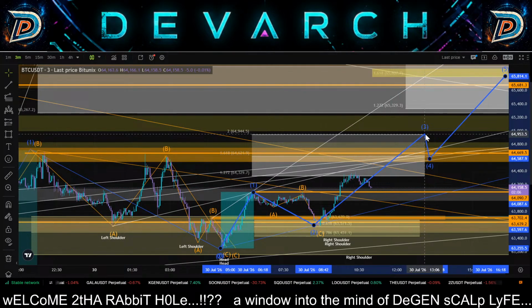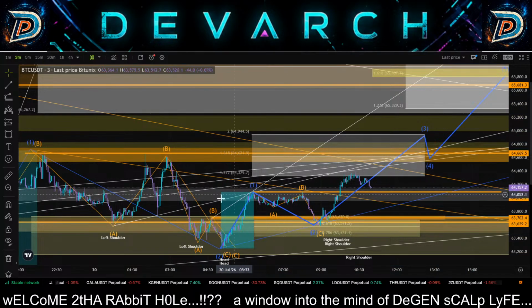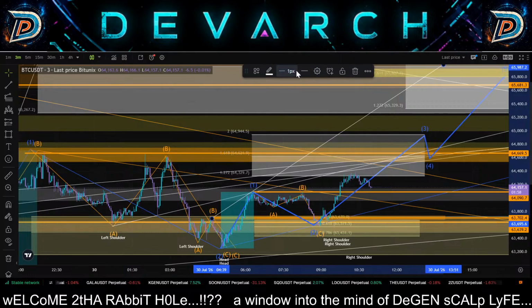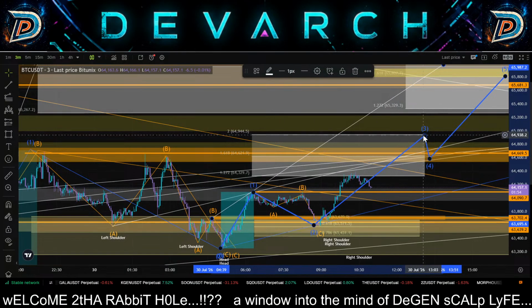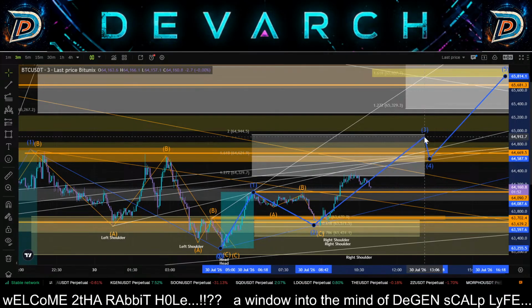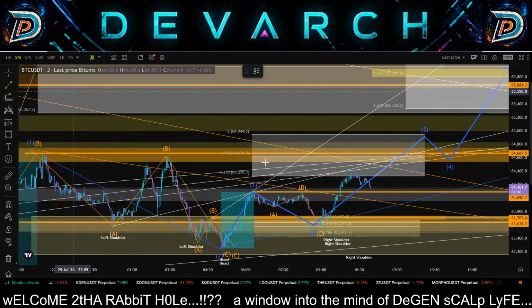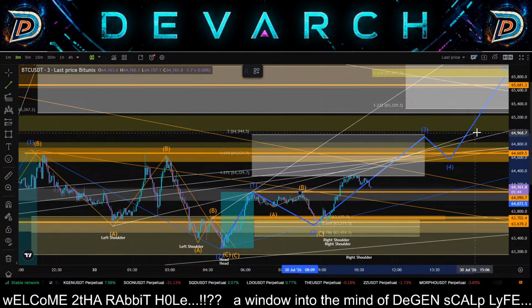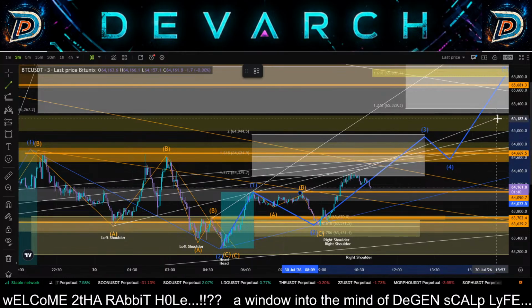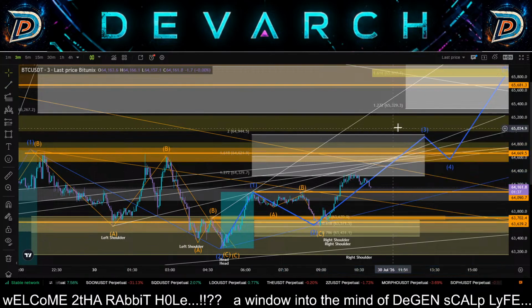And this helps with symmetry, because remember the symmetry in sacred geometry. This line I just put here, I put it here because it's helping me with the angular trajectory of this current wave 3. And then I can do this from this B wave top, which is another important level to be aware of.